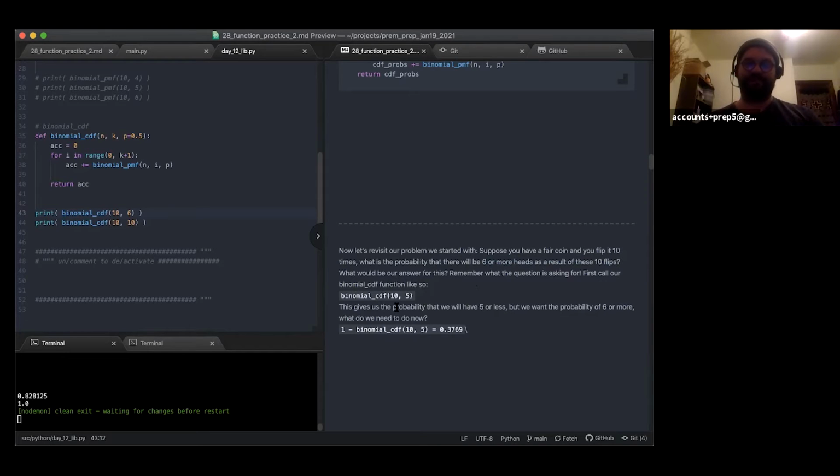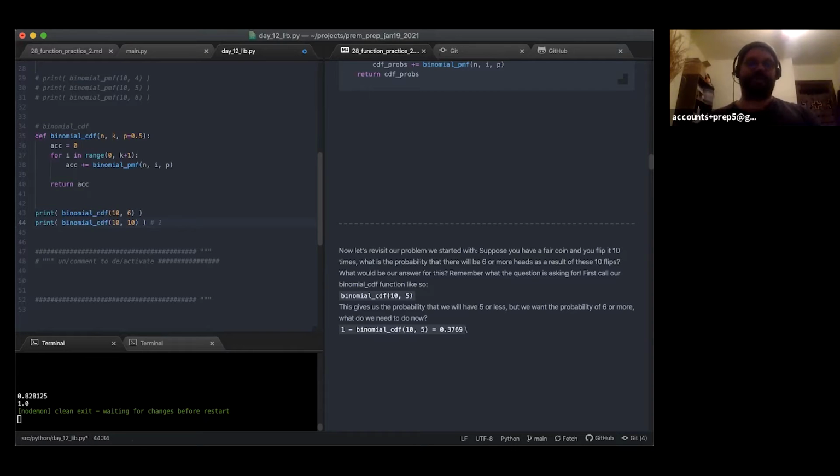First, call our binomial CDF function from 0 to 5. And we know that the probability of getting 0 to 10 is 1. And that's what this tells us, right?